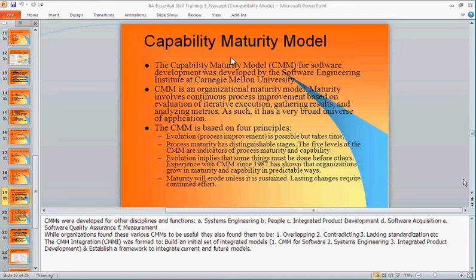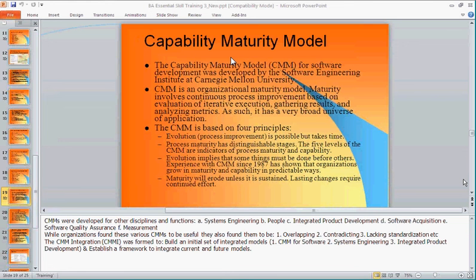So with that in mind, Carnegie Mellon put together a model, right? And they called it capability maturity model. What does that mean? Well, the quality of the software depends on the capability of the project team, the capability of the company.